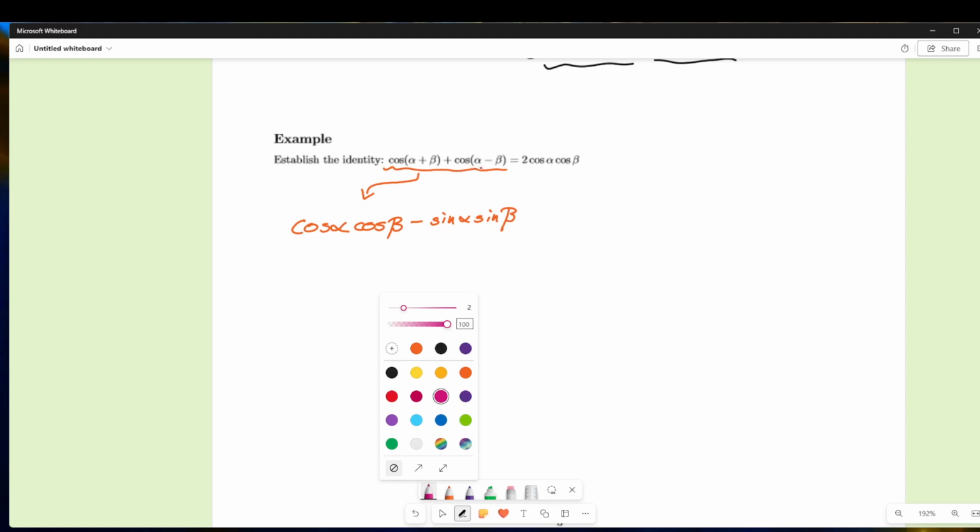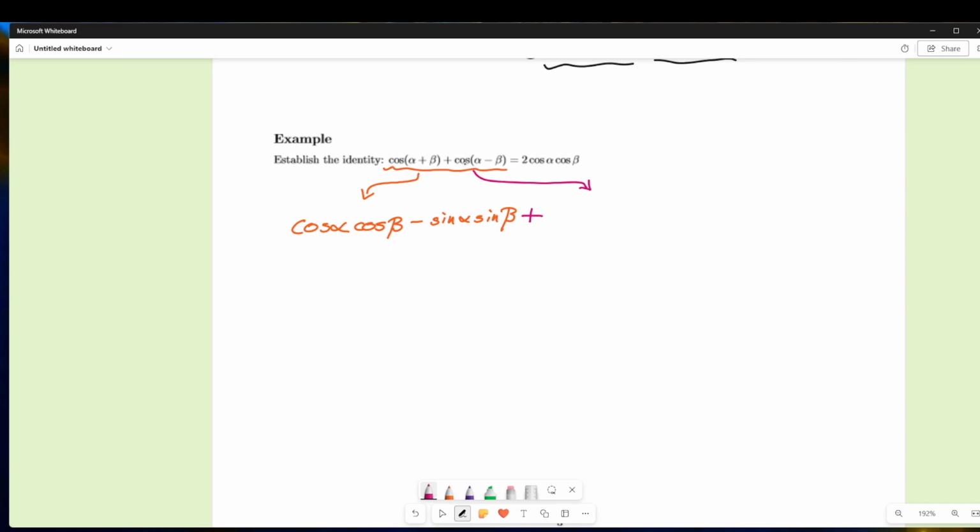And then the cosine of alpha minus beta, so this is one big plus, the cosine of alpha minus beta turns into the cosine of alpha times the cosine of beta. Again, the negative here turns into a plus here, the sine of alpha sine of beta.